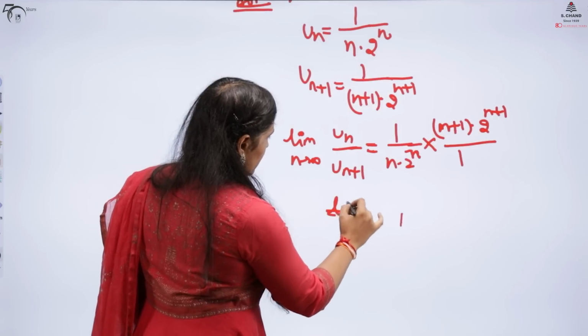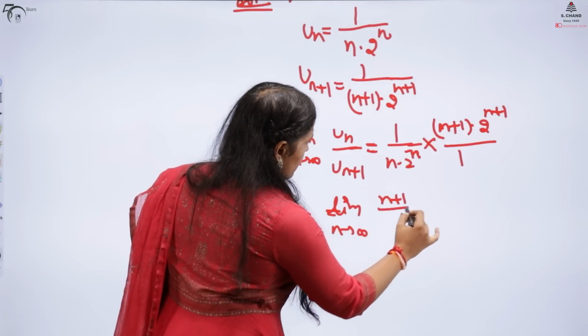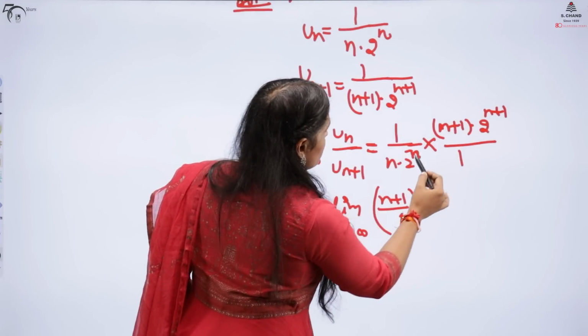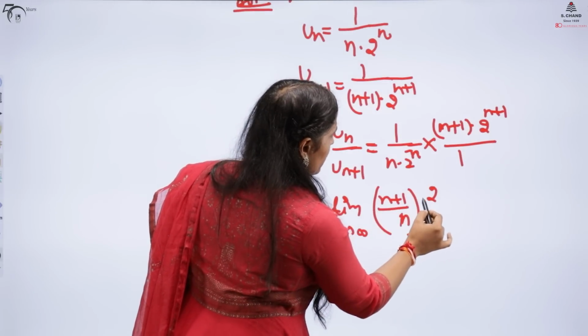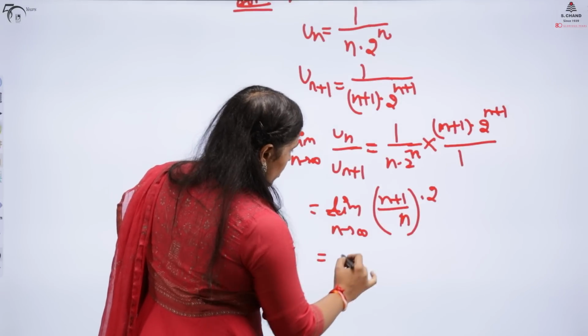So limit n tending to infinity. Now use 2 to the power n and 2 to the power n plus 1, we are left only with 2. Now take out n common.